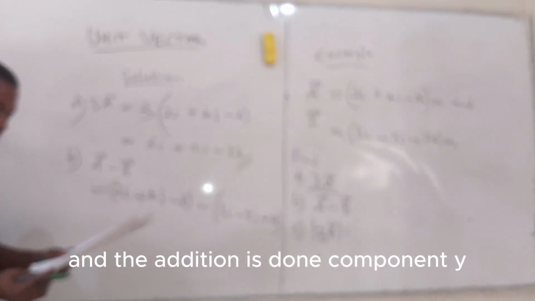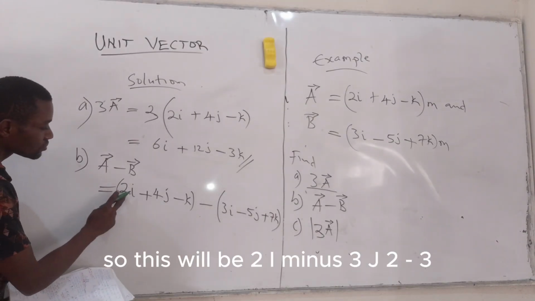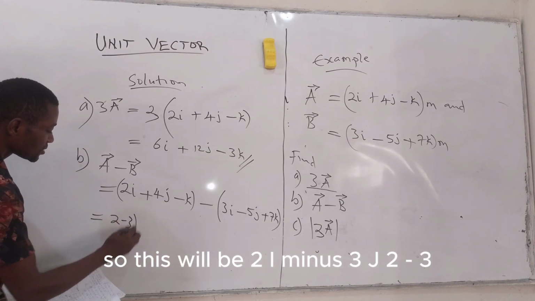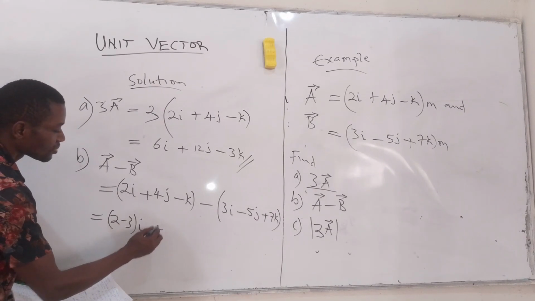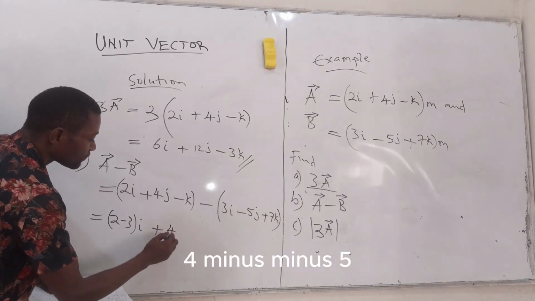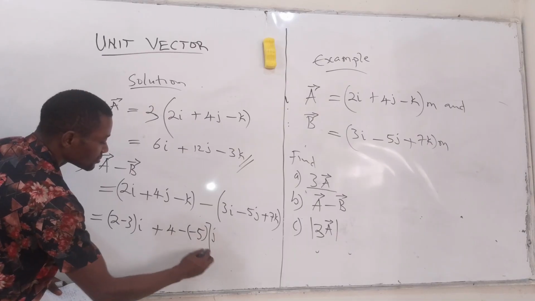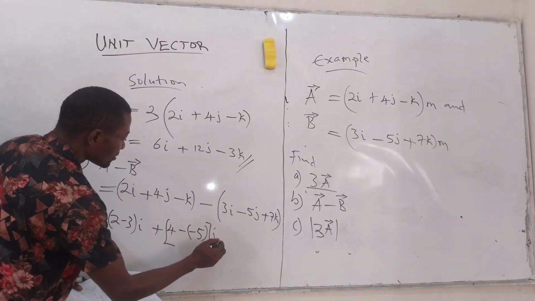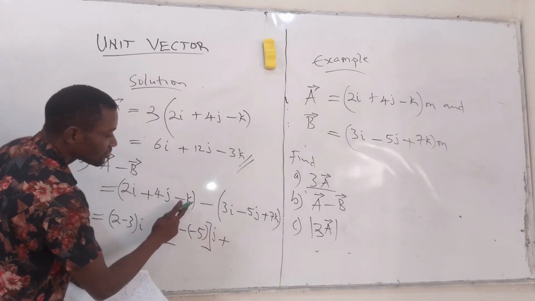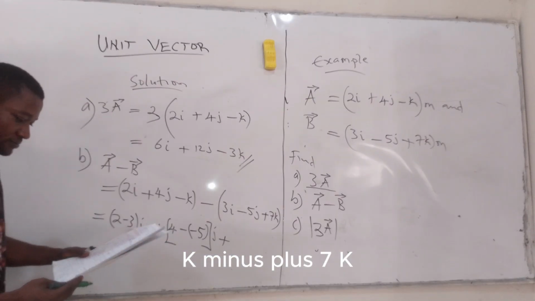And the subtraction is done component wise. So this will be 2i minus 3i, 2 minus 3, plus 4j minus 5j... then minus k minus plus 7k.